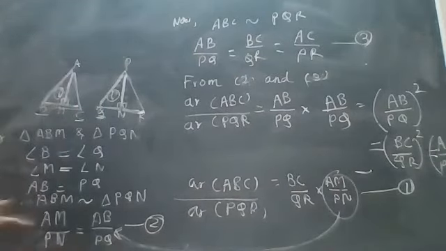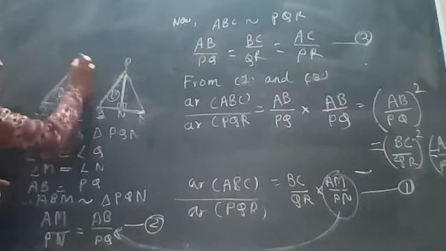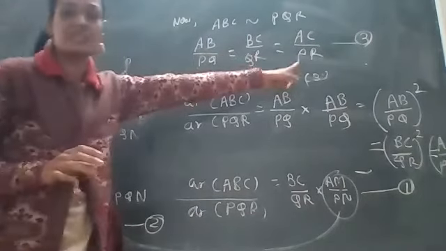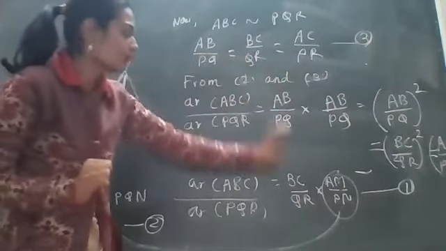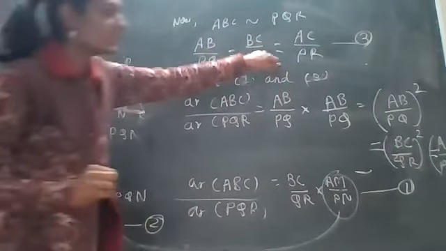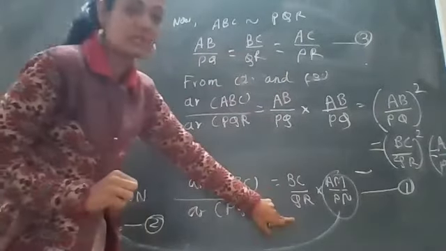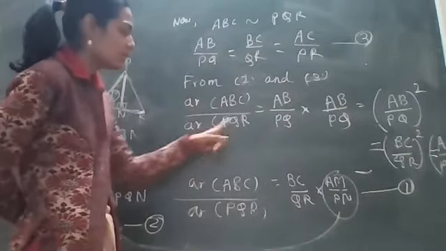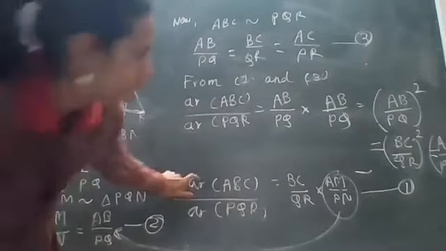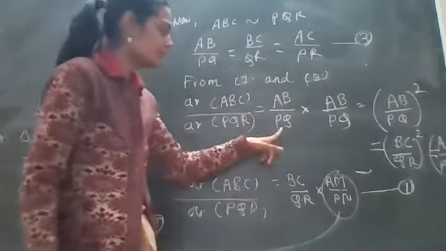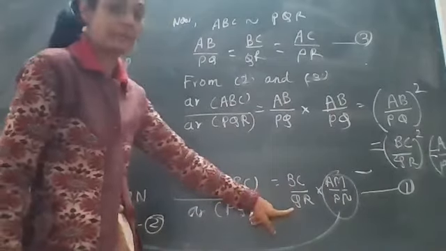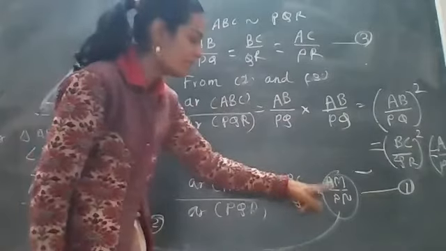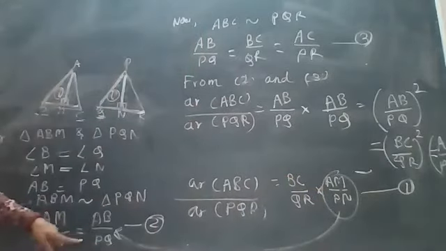Okay. In the next step, now we have to take the whole triangle ABC and PQR. So what can we write? All the three sides in the ratio. So from equation 2 and 3, we are putting this value in equation 1. So we will get the area of ABC upon area of PQR is equal to AB upon PQ instead of BC upon QR, because BC upon QR is equal to AB upon PQ, and instead of AM upon PN we can also write AB upon PQ.